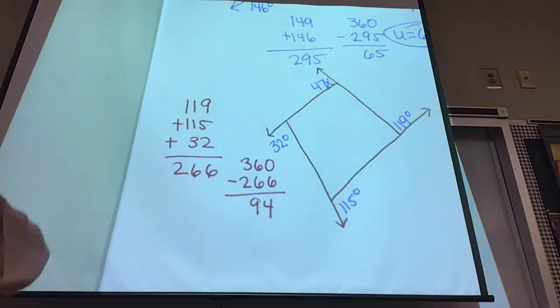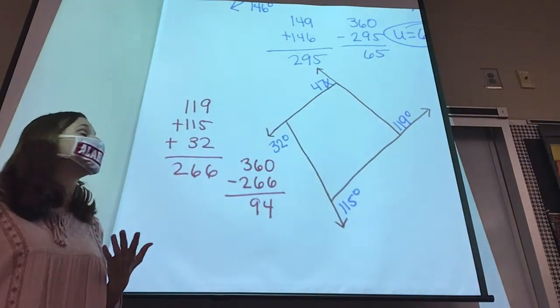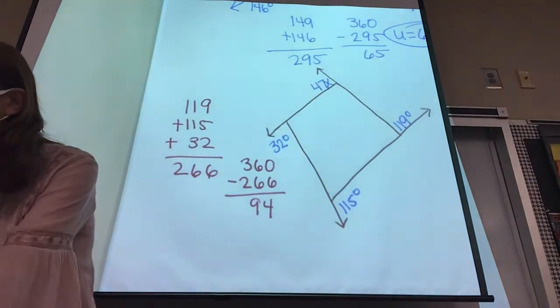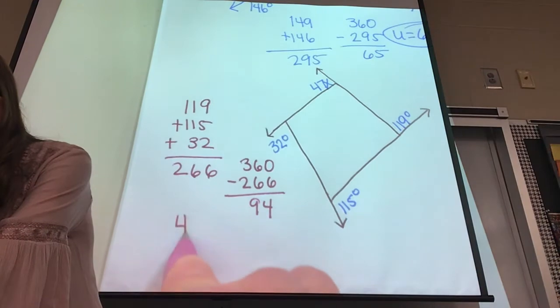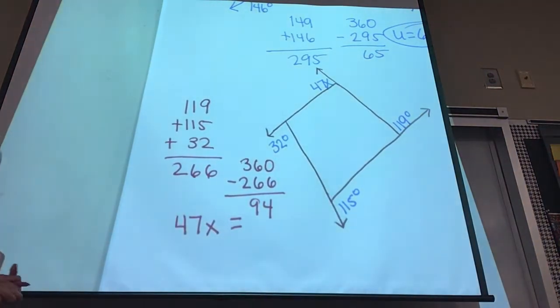Now, what is that telling us what x is? No, because what do we need to do? We need to divide, because 47x should equal that 94. Not just x, that whole angle.